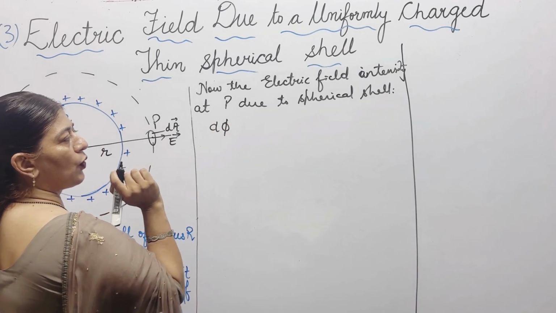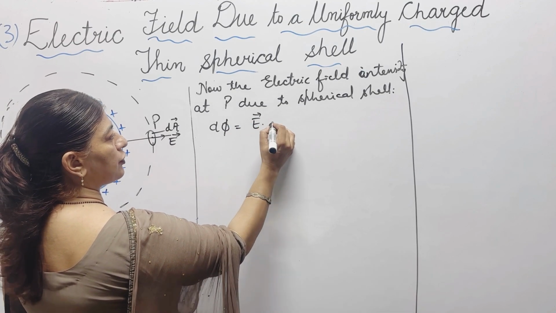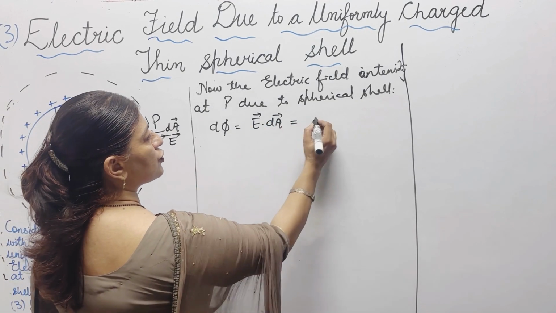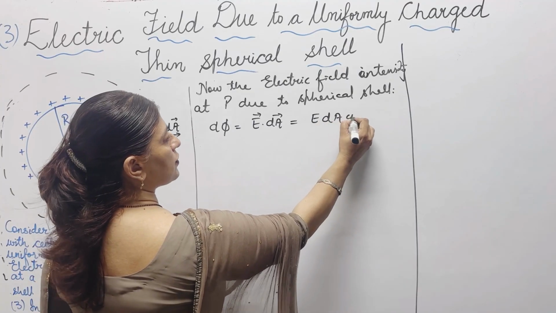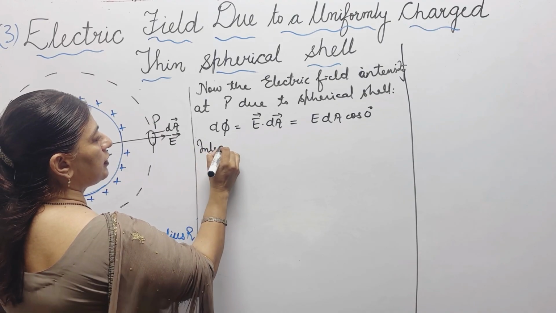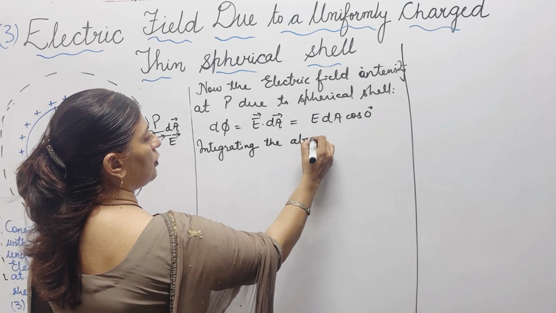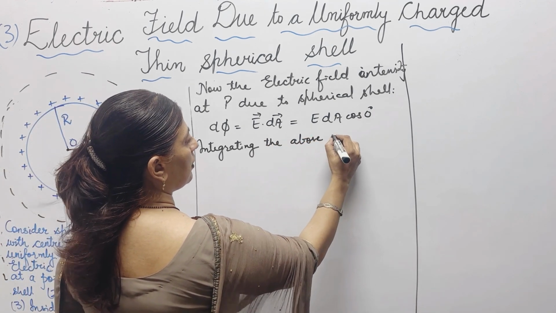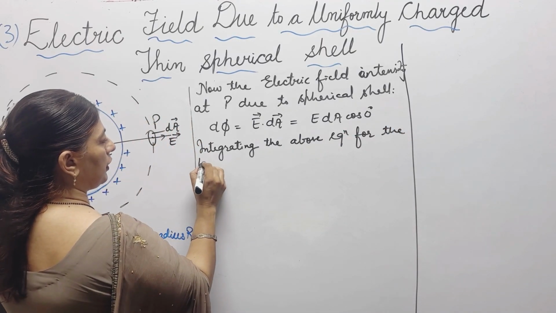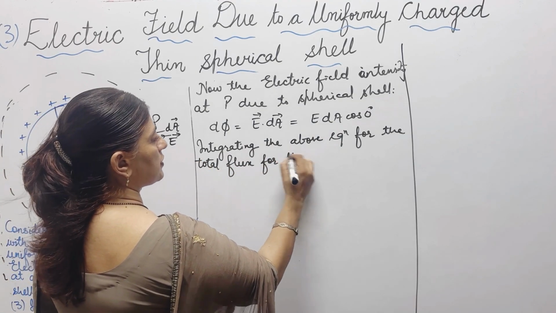Find out the small electric flux element at this point, that is the dot product of electric field and the area element. Since both are pointing in the same direction, it is E dA cos 0. Integrating the above equation for the whole Gaussian surface, for the total flux for the Gaussian surface we have phi equals E times the integral of dA.